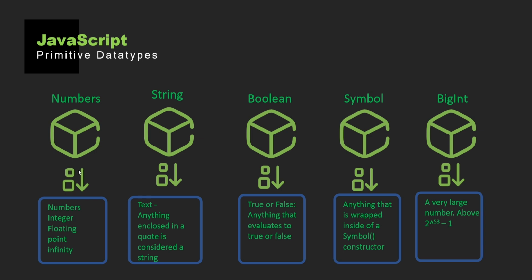For the case of number, just think of a number as any value that represents this specific item. For example, a number can be any integer, negative or positive, floating point, and infinity. Any numerical kind of data, we consider that to be a number.